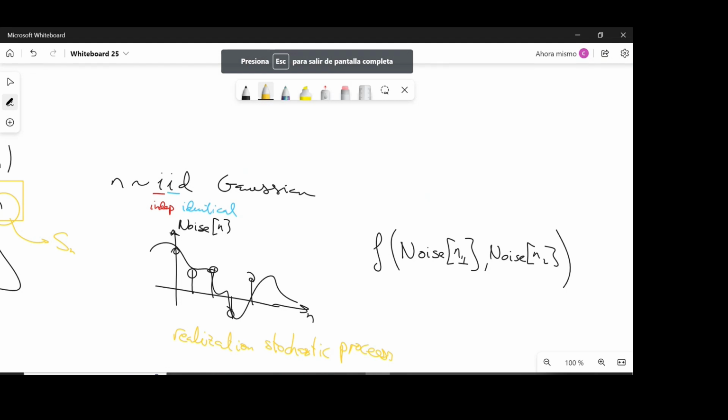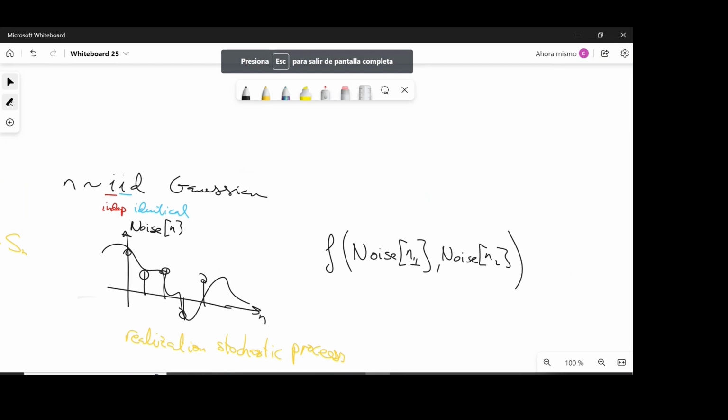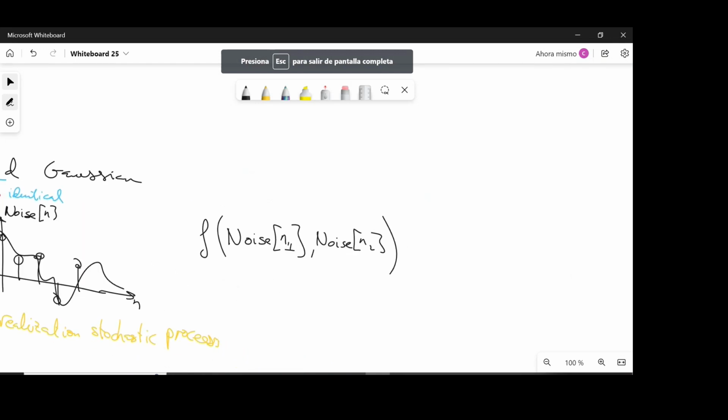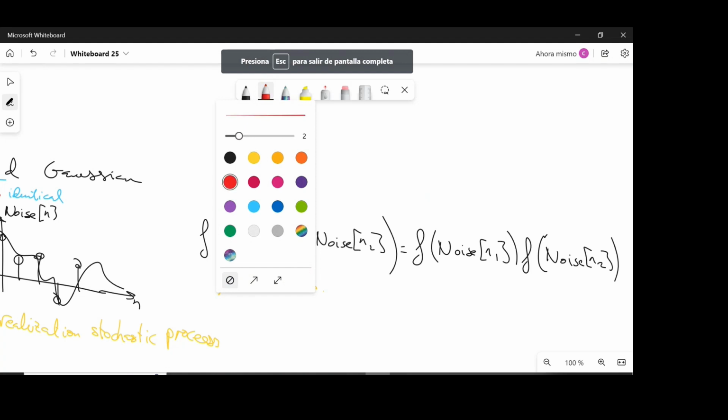Okay, so we have a realization. So this is our signal. This is the joint distribution of the two, and if it's independent, it is the product of the two. So that is the definition of independence.